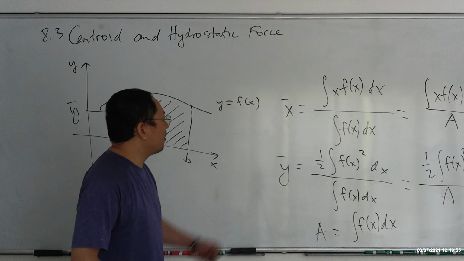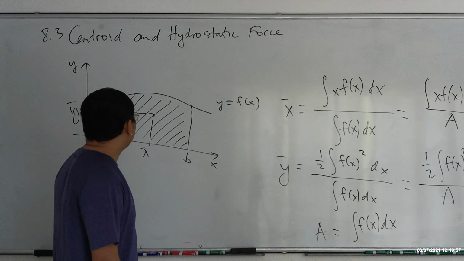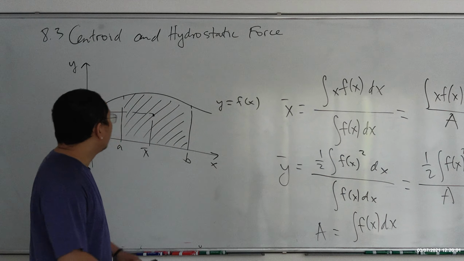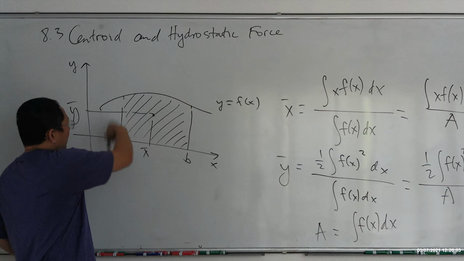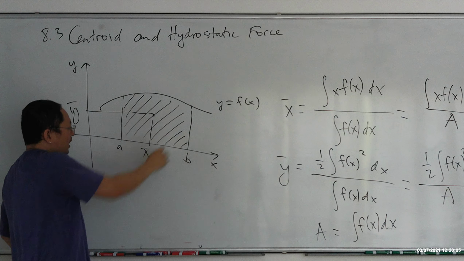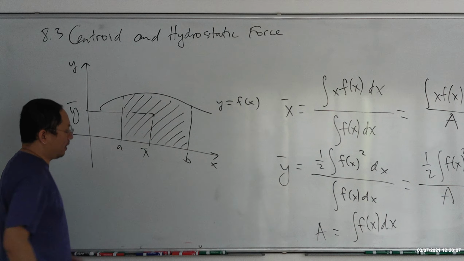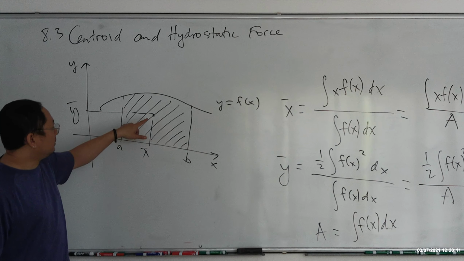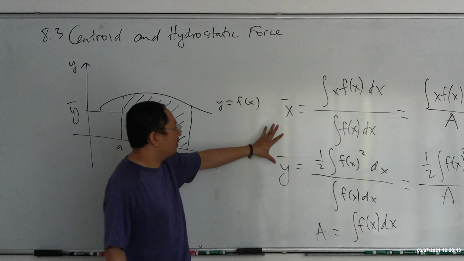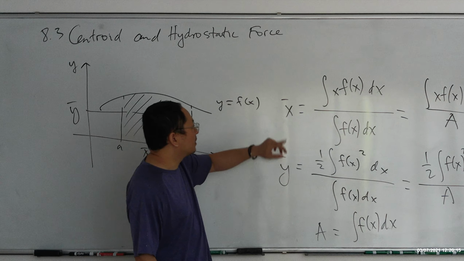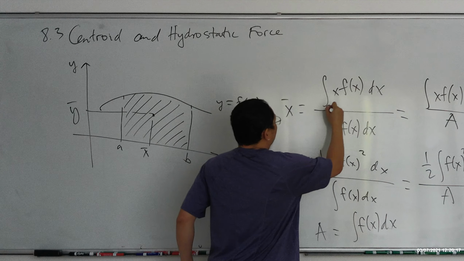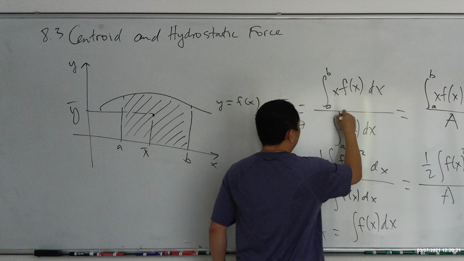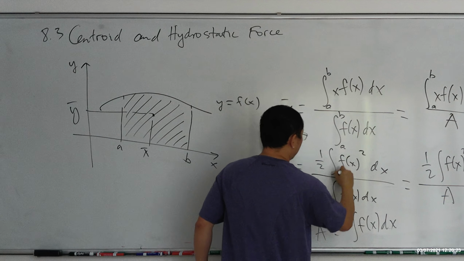Okay, so this is a formula to find the center of mass. Whenever you have a curve bounded by two vertical lines x equals a and x equals b, and you want to find the centroid or center of mass of the region, you apply the formula. You do basically three integrals from a to b.